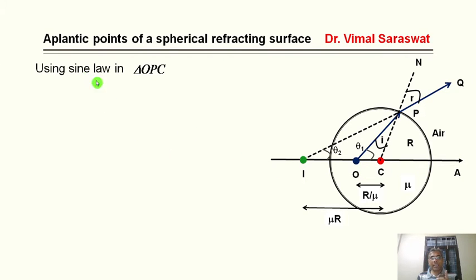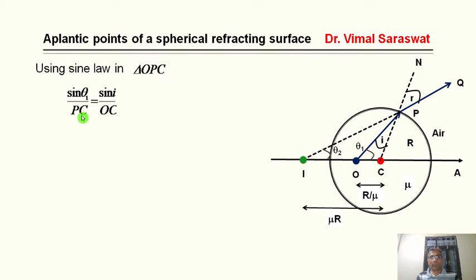By using the sine law in triangle OPC, according to the sine law, if we use the sine of this angle, then upon we use this side, and if we use the sine of this angle, then upon we use this side.